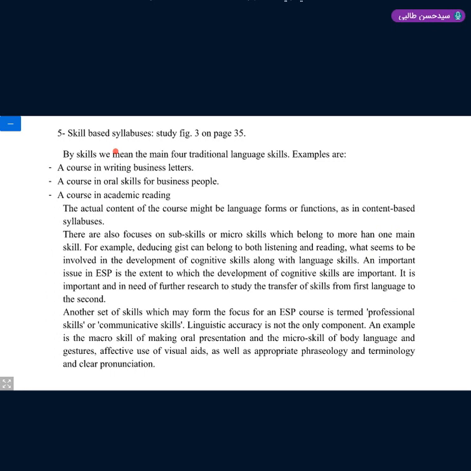For example, your students must know how to learn, how to actually write, how to read, how to speak. These are about the how of learning, okay? For example, in learning, if they have difficulty, how to deal with the difficulty or problematic areas in reading.